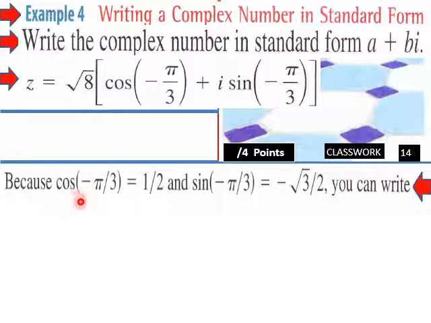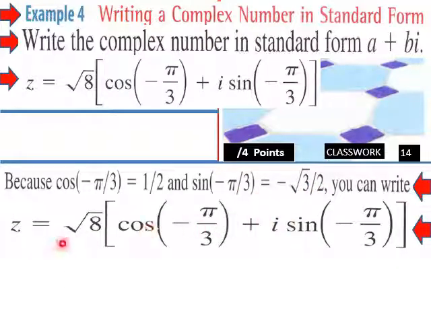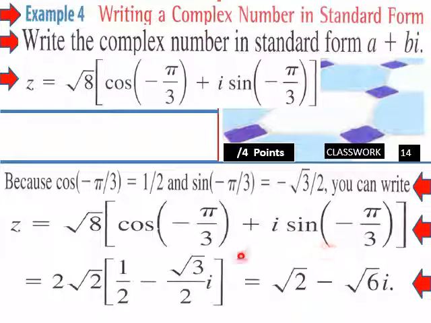So, because cosine negative pi over 3 equals 1/2, and sine of negative pi over 3 equals negative radical 3 over 2, when we do that, this becomes 2 times radical 2, bracket 1/2 minus radical 3 over 2i. And then when we crank that through, we come out with radical 2 minus radical 6i.